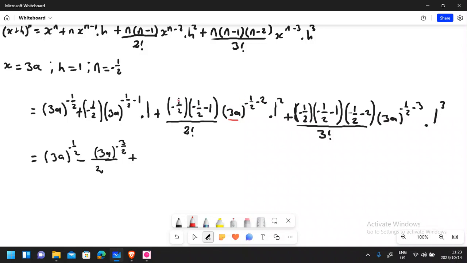So you can put negative half over 2 multiplied by negative half over 2, negative 1 over 2 minus 1 divided by 2 factorial. When you put that on your calculator, the answer that you're going to get here is going to be 3 over 8. But then now let's multiply with our 3a. So our 3a, we have negative half minus 2, and that is 2.5. How do we represent 2.5 in fractions? It's going to be minus 5 over 2. There we go.